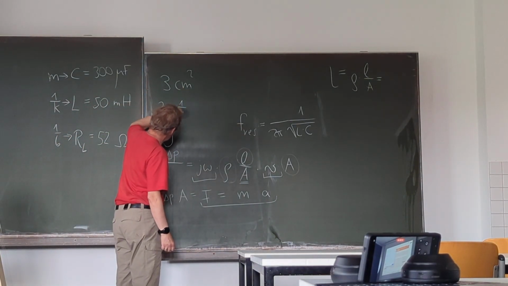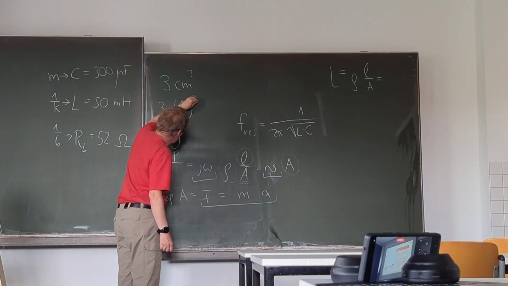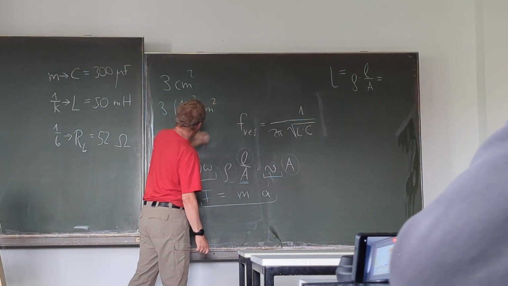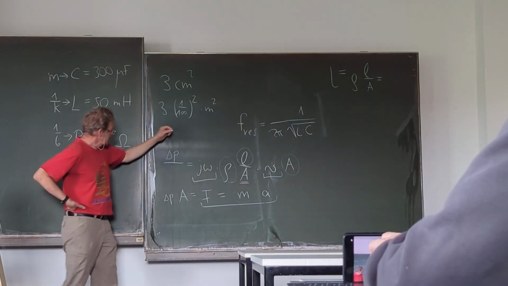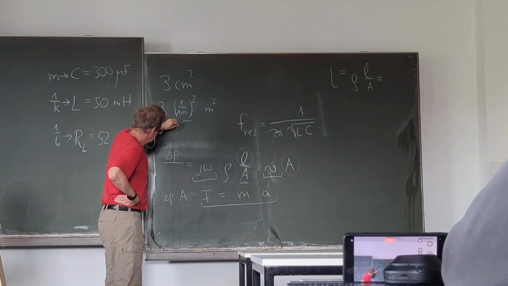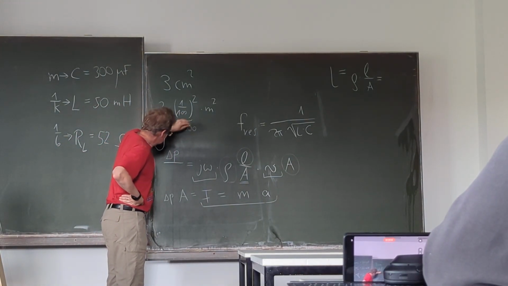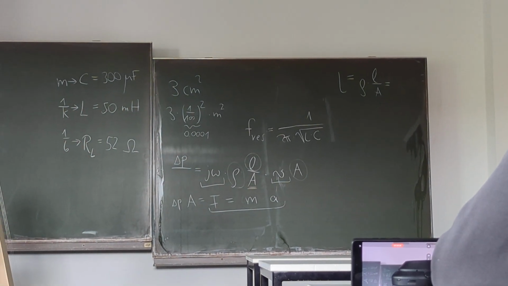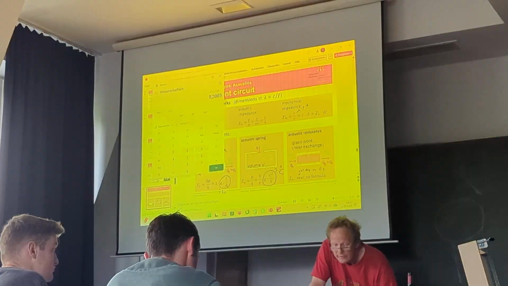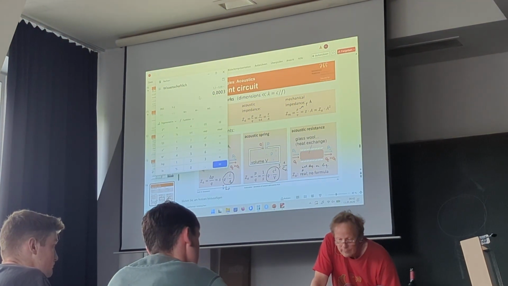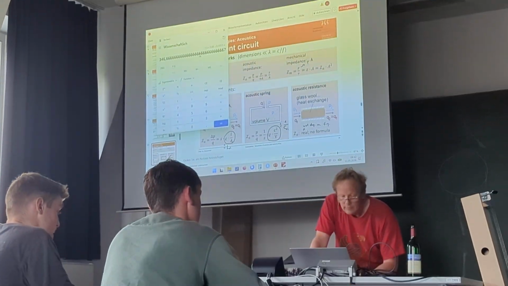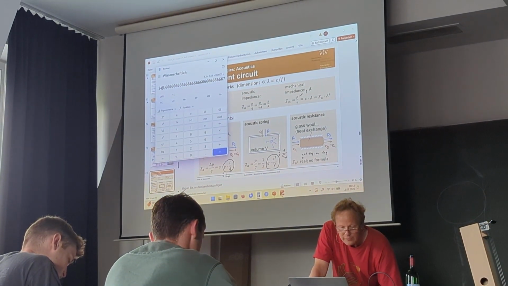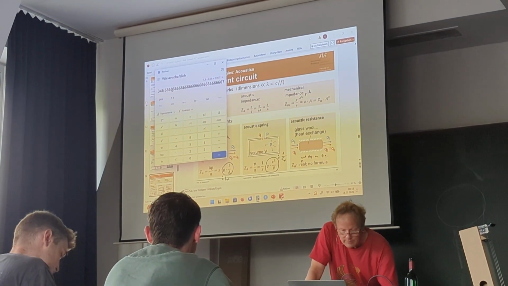So we have 100 squared, and the meters remain also squared, and this is then 0.0001. So I think this should be right. 0.0003. Okay, and that is a value of 357.